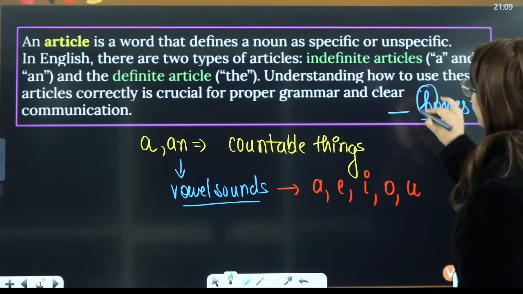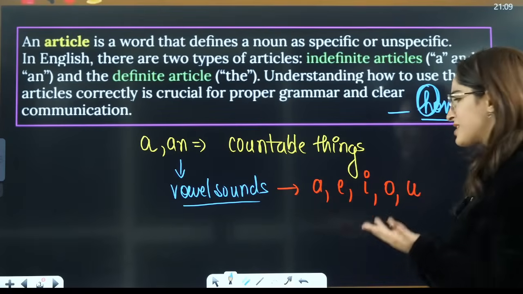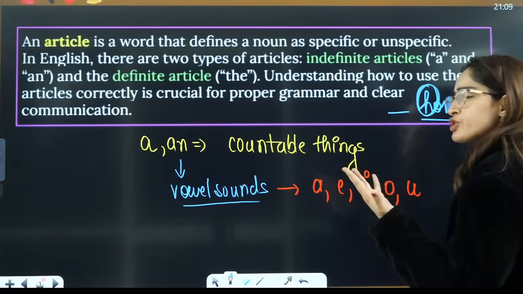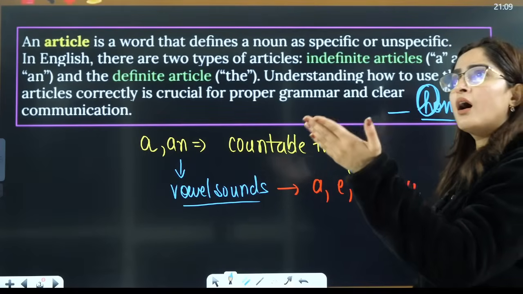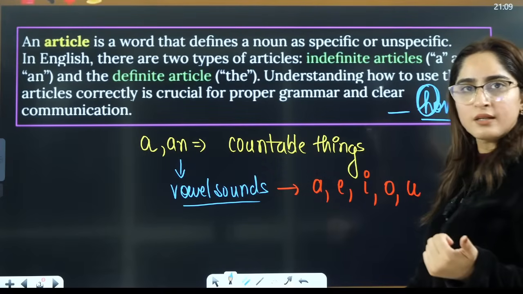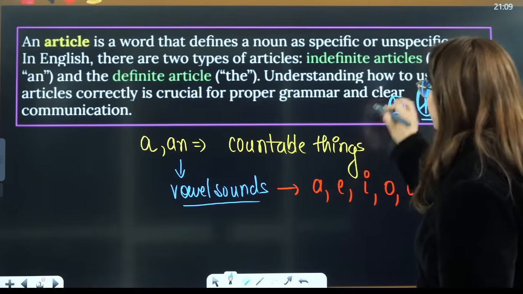If I go by the written word, H, you will say, ma'am, H is not a vowel, so it should be, he is a honest person. But I would say, he is an honest person.